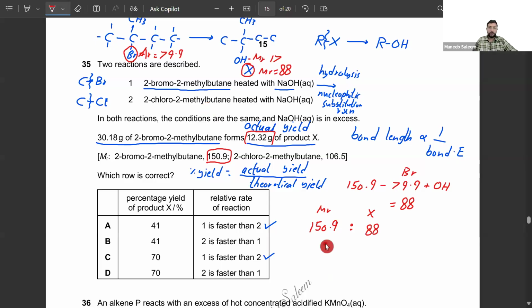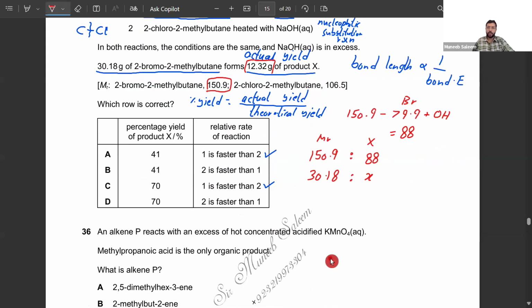This is the actual yield. We have to find how much mass of compound X will be produced from 30.18 gram of the bromine compound. That will give you the theoretical yield. We are trying to find the theoretical yield using these calculations.